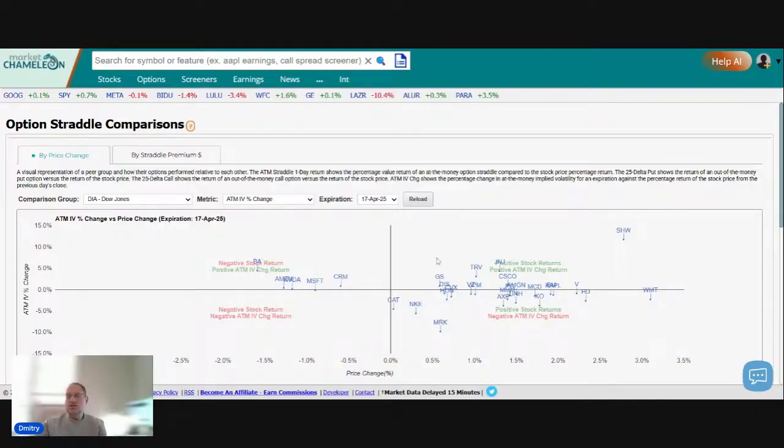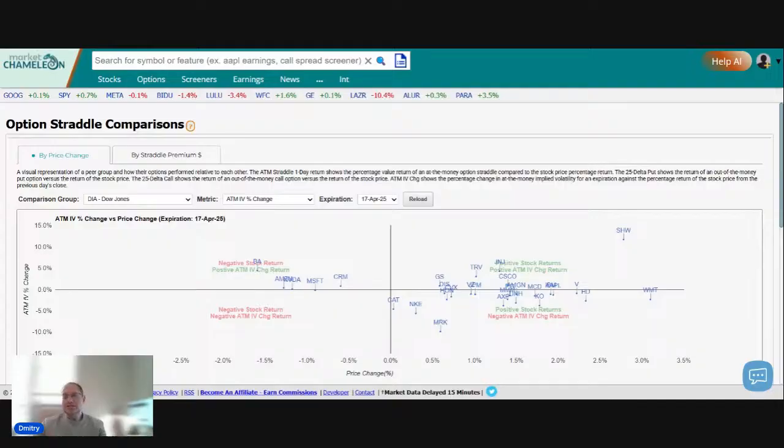Here we could see that the implied volatility was up in a bunch of these stocks that were also up. It's a little bit counter to what usually happens, where as stocks drift higher, implied volatility comes in.